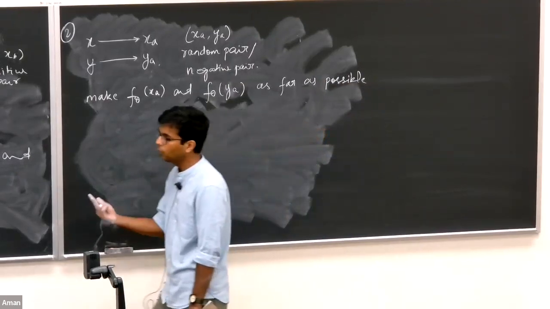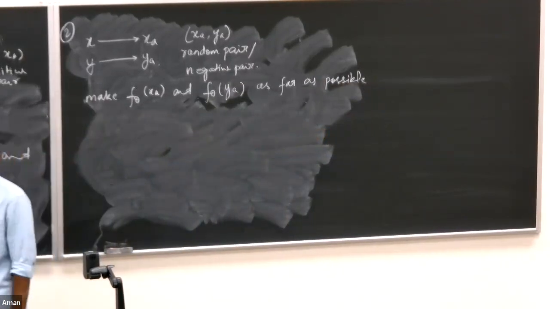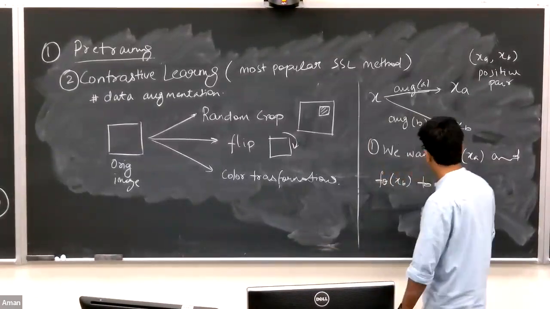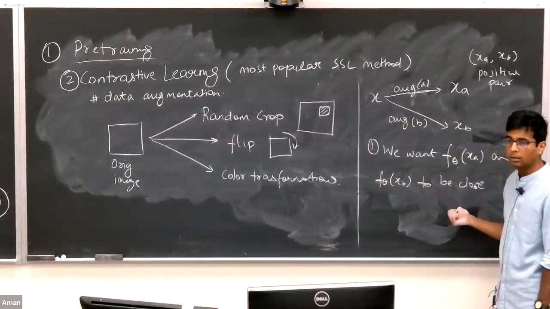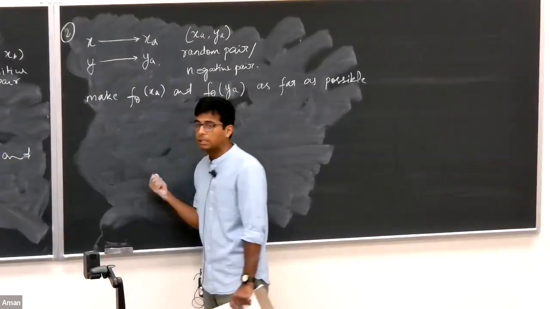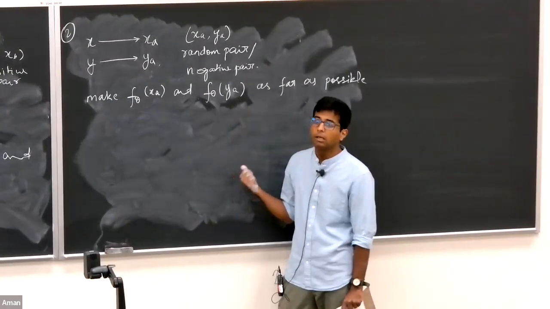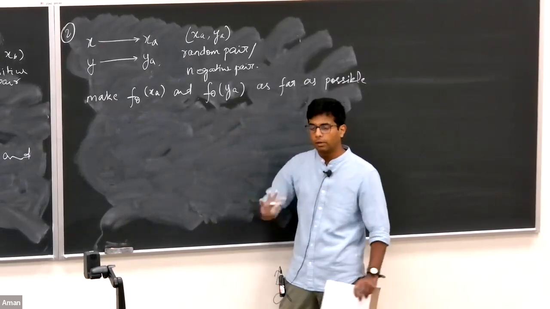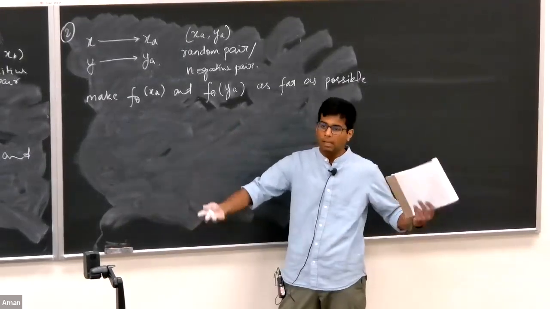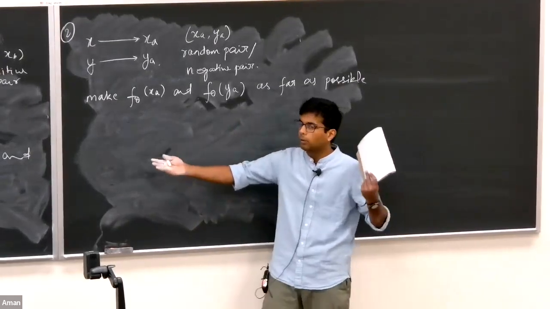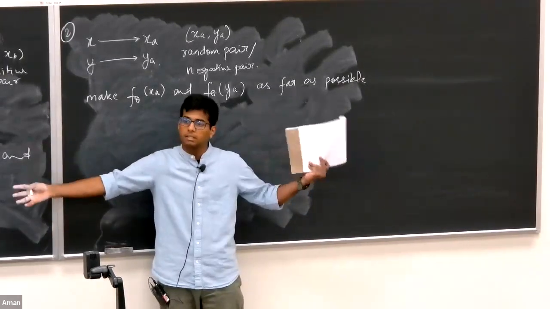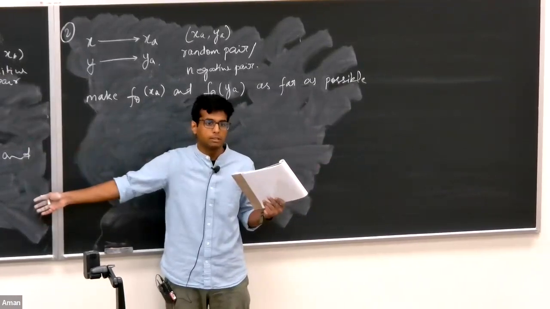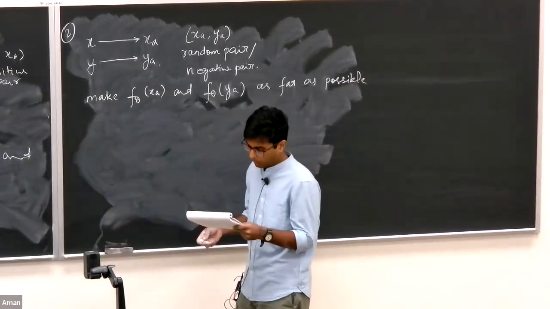So now we have two requirements that we want to fulfill. The first is that the same data point, even if it's augmented differently, should be embedded as the same embedding. The second is that if the data points are different, irrespective of what the augmentations on those data points are, those two should be embedded far apart. So now we have a balancing act where we want both, and the optimization problem that comes from this will give you a model that is able to do both the best. Okay, so how do we do that?